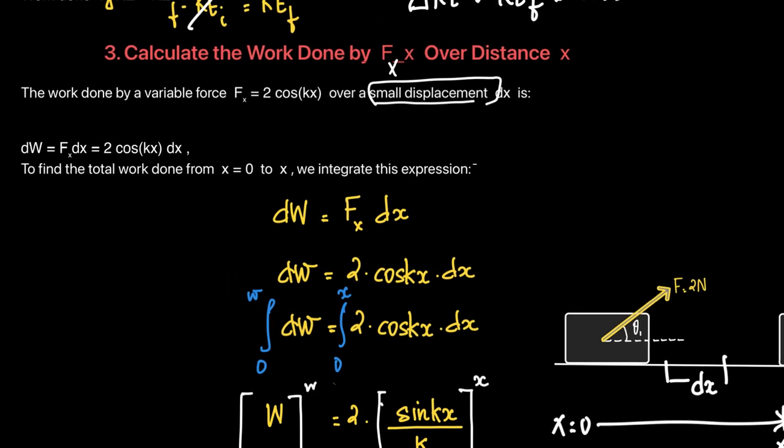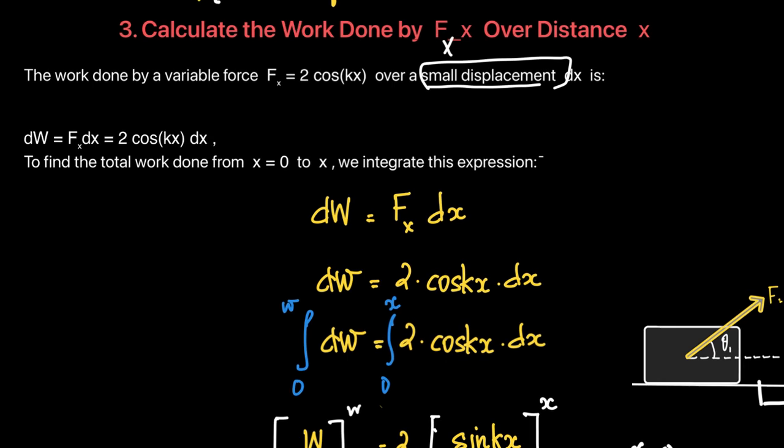So the work done by the variable force Fx is equal to 2 cos kx over a small displacement dx, so dW is equal to Fx dx. What is Fx? Fx is 2 cos kx. The limit is x varying from 0 to x.